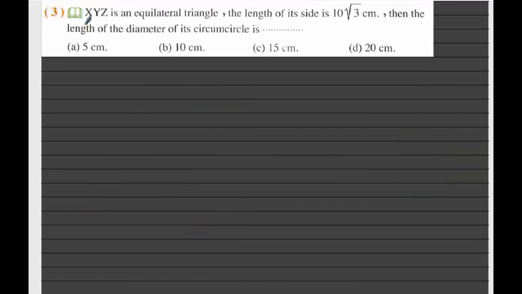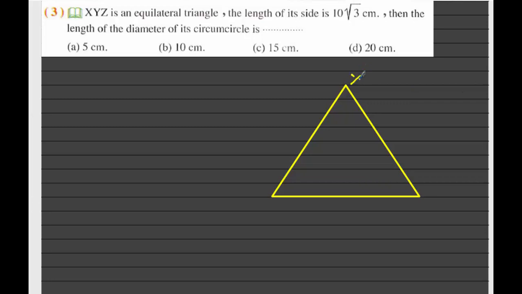Here we have question 3. XYZ is an equilateral triangle. The length of its side is 10 root 3. So first we'll draw the triangle. Equilateral triangle here. XYZ is an equilateral triangle.